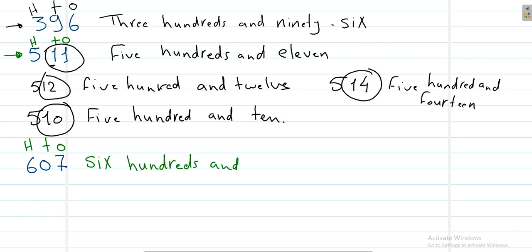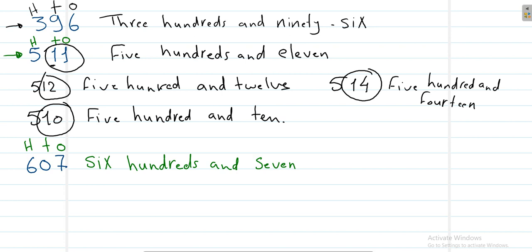And what do I have in the tens? I have 0. So I will not say anything and I will not write anything. I will just be quiet. Moving to the next digit is going to be 7. So I can read it now. 607.